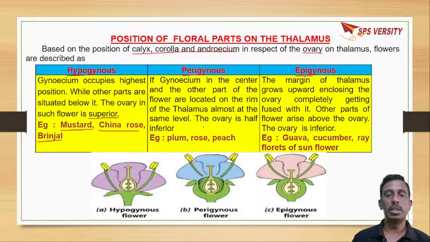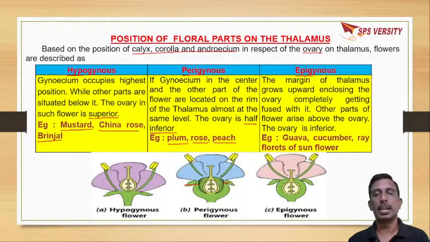Rim of the ovary means they arise neither completely above nor below the ovary; they just arise from the middle position of the ovary. So here the ovary is neither too superior nor inferior. It is half inferior. Plum, rose, peach are examples of the perigynous condition.